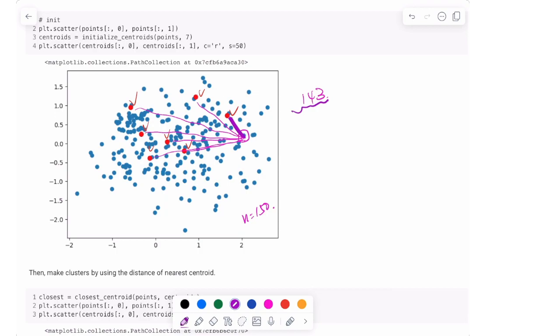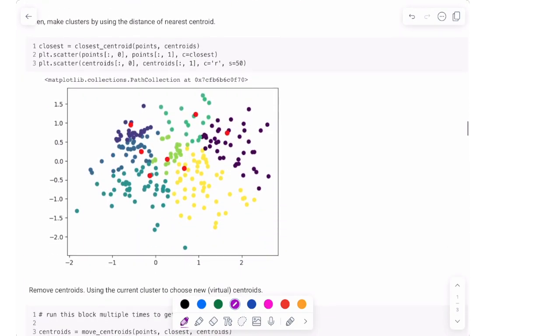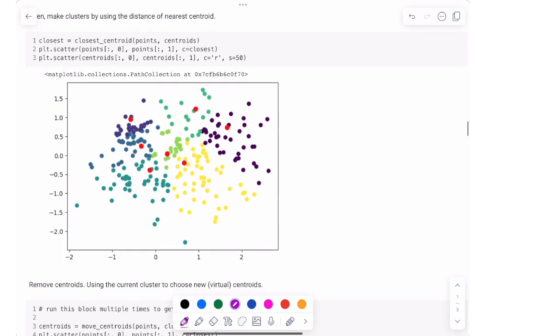So now you have 143 sets of distances, and each set has 7 values. You simply select the smallest one. And for this data point right here, you choose a color. For example, the color we choose right here is a dark brown.